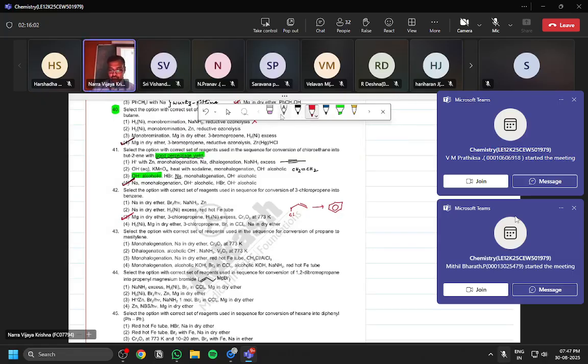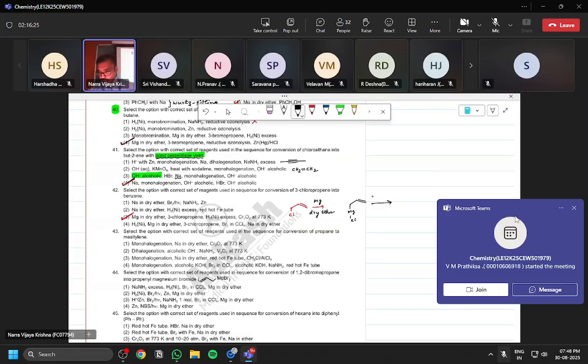Observe here. First you are adding magnesium in presence of dry ether. What will you get? Grignard reagent. So Grignard reagent means I will get MgCl here. Then what are you doing? Then you are adding 3-chloropropene.